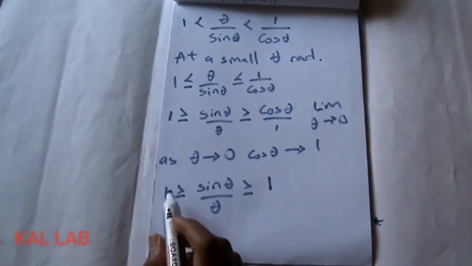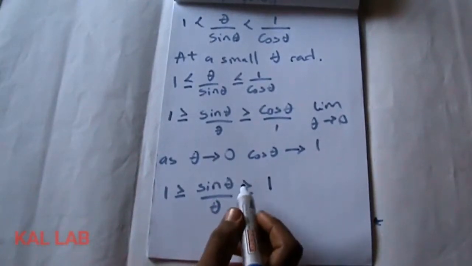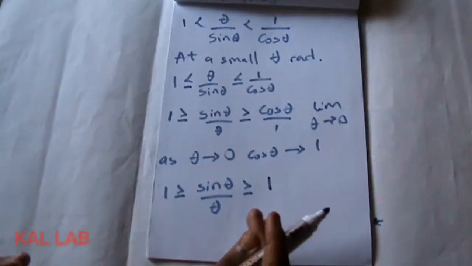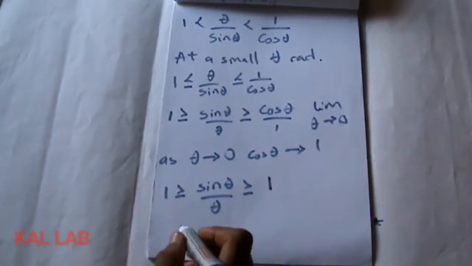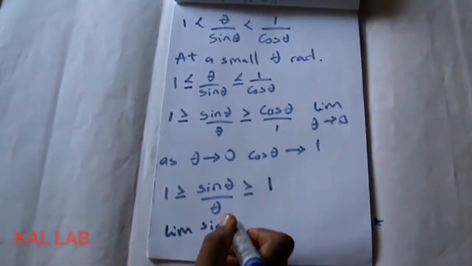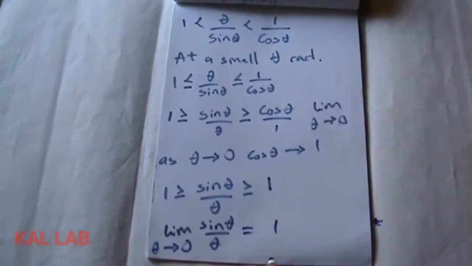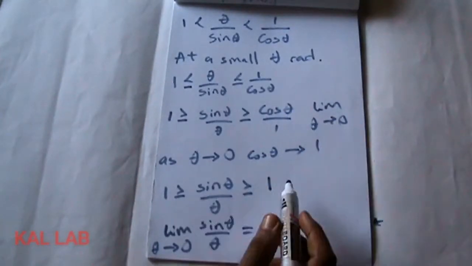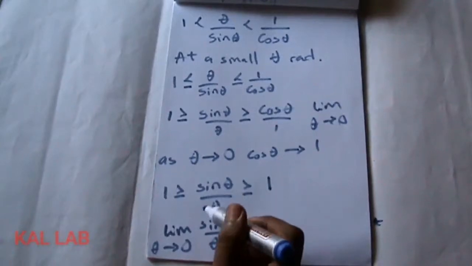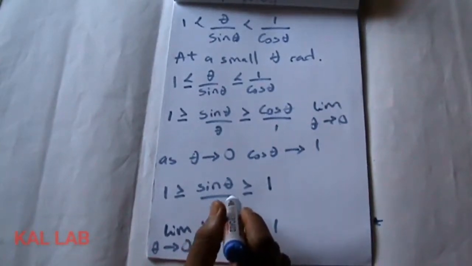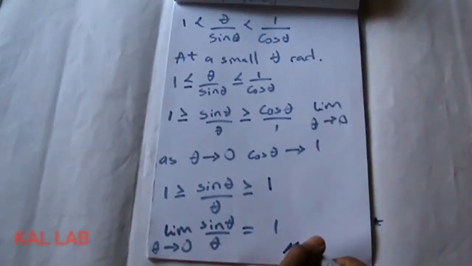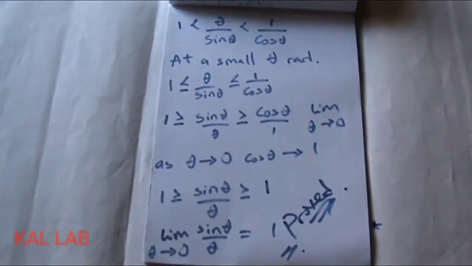So the limit of sine theta over theta as theta goes to 0 is equal to 1, because when we take theta to 0, sine theta over theta is sandwiched between two values, both 1. I hope we all understood how to prove that the limit of sine theta over theta as theta goes to 0 is equal to 1.